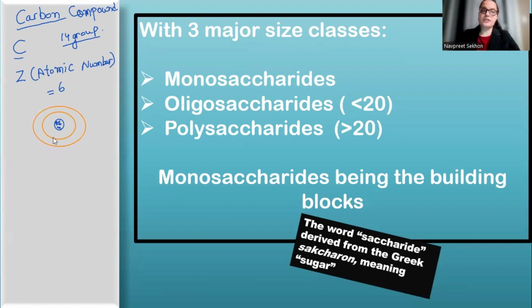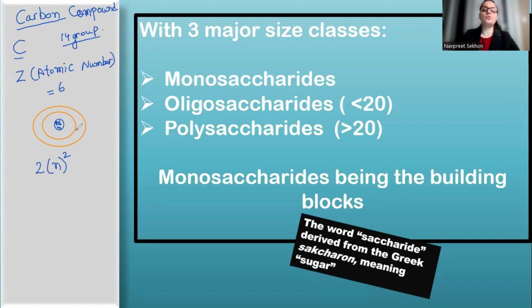The electrons actually are accommodated in these energy orbitals according to a formula, which is 2n square, 2 times n square. Now, what is n over here?